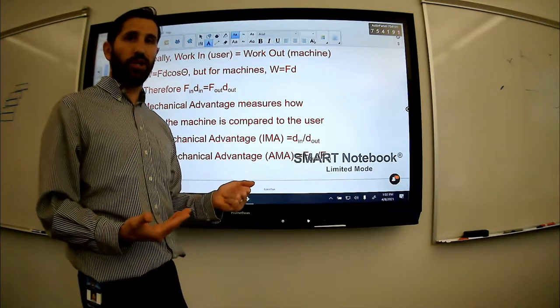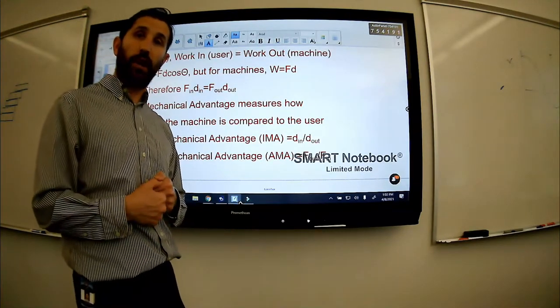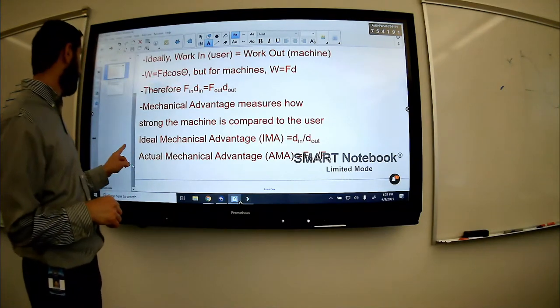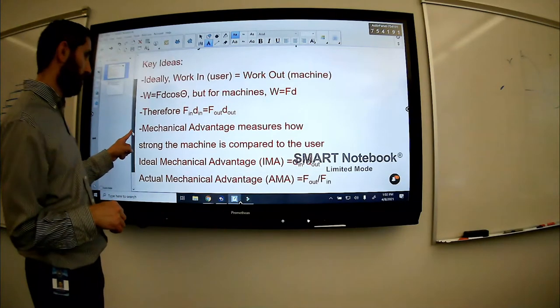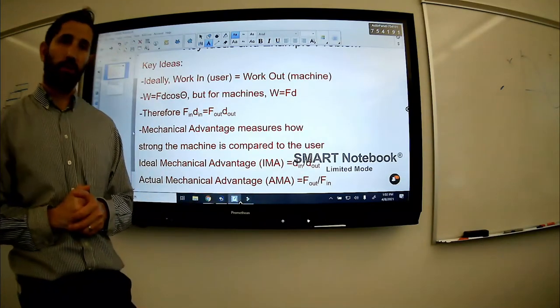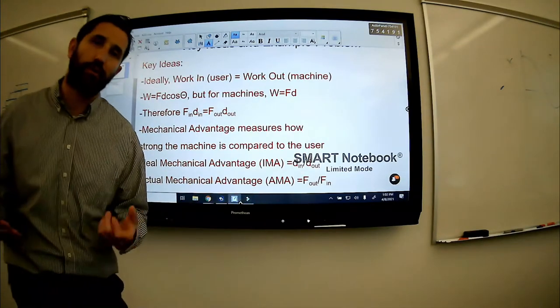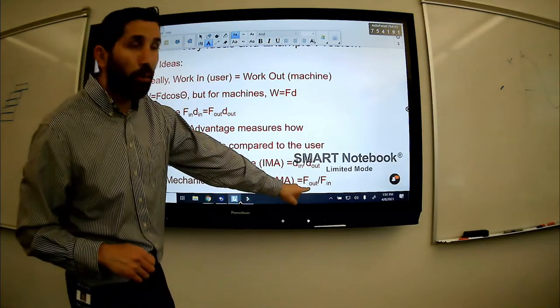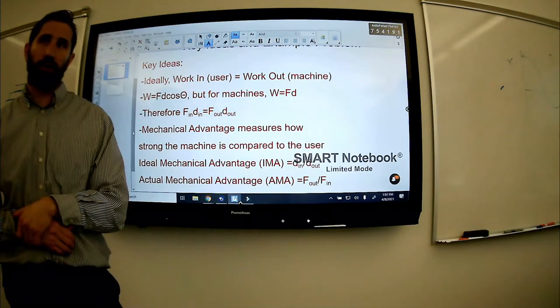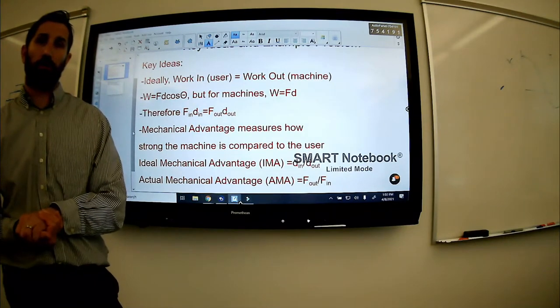So it's a ratio of those two things. If we're looking for the actual mechanical advantage, that's if there is friction and such, it'll take the output force and divide by the input force. And that's going to allow us to calculate its actual mechanical advantage.